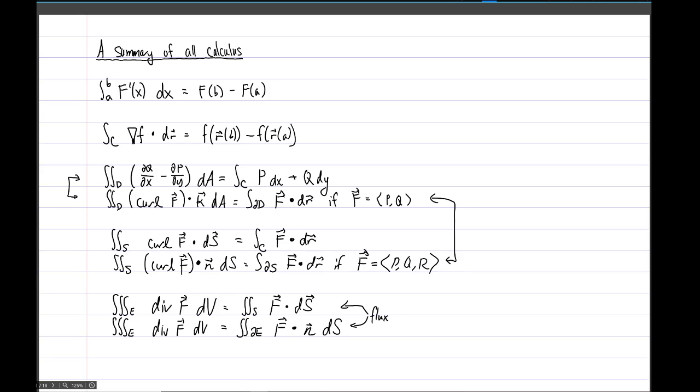Now the thing to notice about what you see on this side over here, every single one of these on the left side of each one of these is the higher dimensional integral, right? So triple integral here versus double integral. Double integral here versus single integral. Double integral versus single integral.